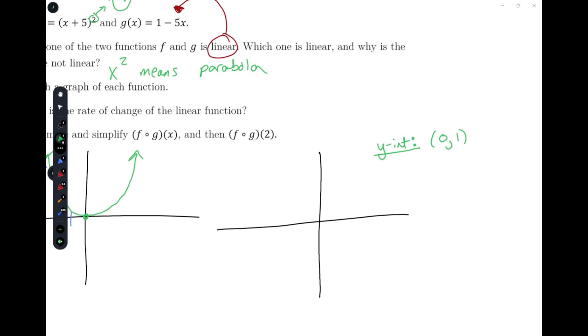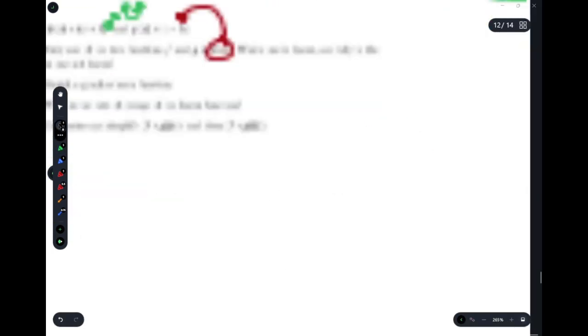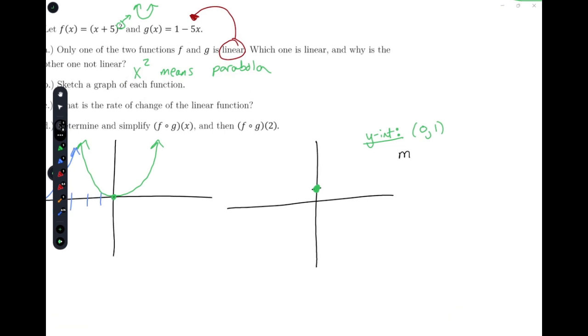And then what do we do from there if you want to make this as easy on you as possible? You take the slope, which is -5, but sometimes you write it -5/1. And that means you go down 5 and to the right 1.